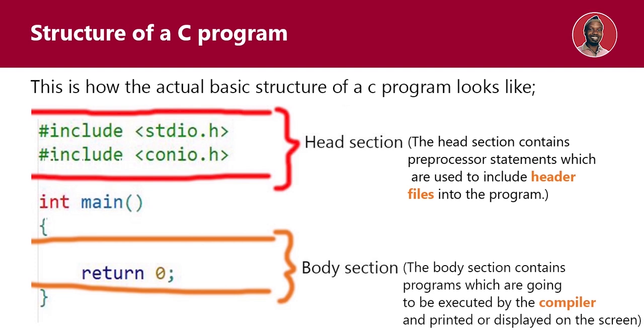So the body section contains programs which are going to be executed by the compiler. A compiler is a software that translates code written in high-level language into code that is written in machine language. So you will understand that as we continue.